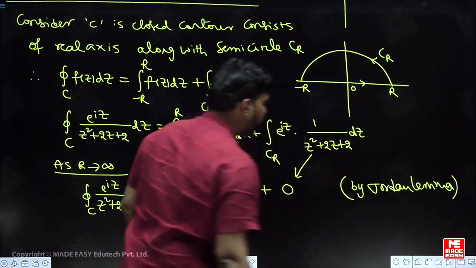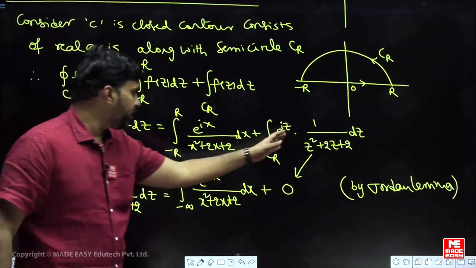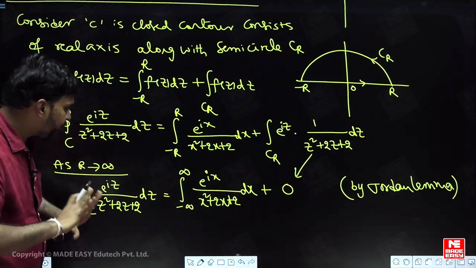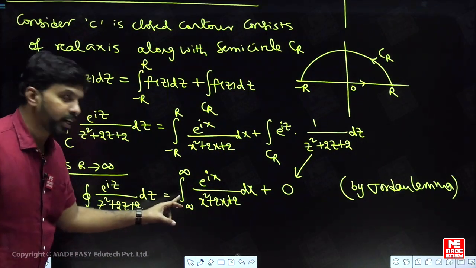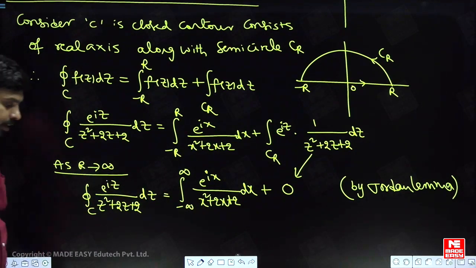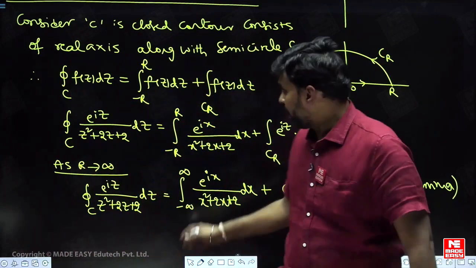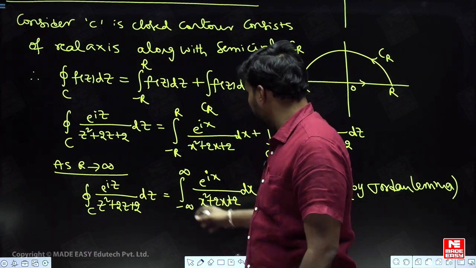By using Jordan's lemma, this integral will get 0. Once this integral is 0, it is clearly understood that this real integral is given by this complex integral, right? So the integral of this real function is given by the integral of this function.